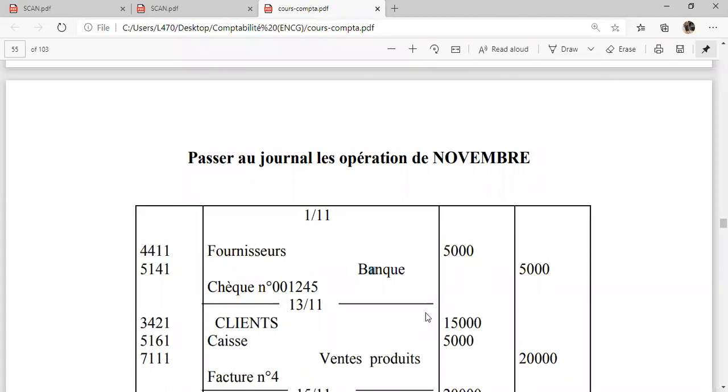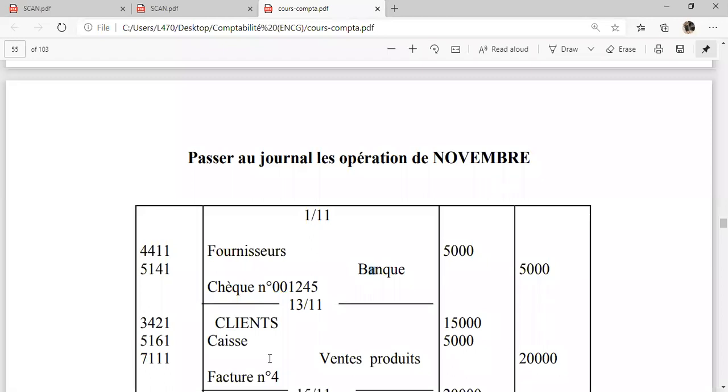He paid a certain amount and another amount we let him carry on to a later date. So on the credit hand side, we are going to have 20,000 dirhams, which is a total of 15 and 5,000. Then we draw onto the debit side, which is the side of what we received.